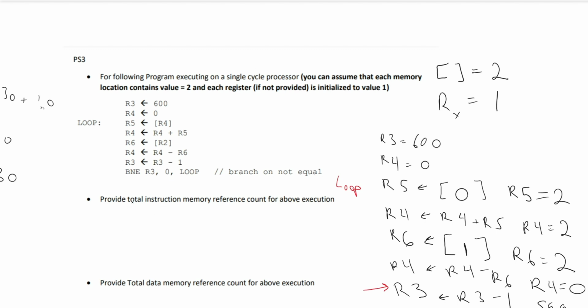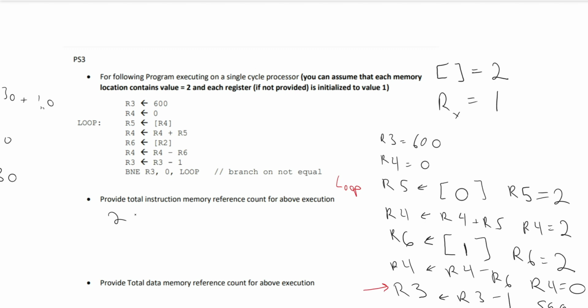So this is going to be, let's see, memory reference count. And it's just the instruction memory count, not everything. So it should be 2, because these two lines only run once, right?